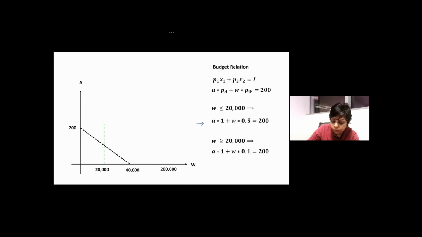Now this is for this particular case, is equal to 200. This is the dotted black line that I have drawn. If this is the scenario, this line is this black dotted line.